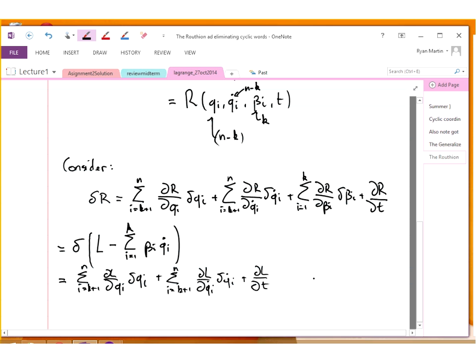So that's minus delta of the sum of i equals 1 to k of beta i qi dot.